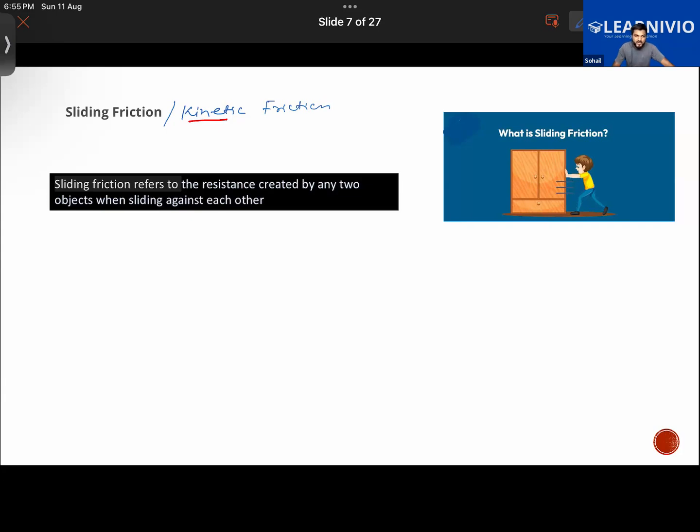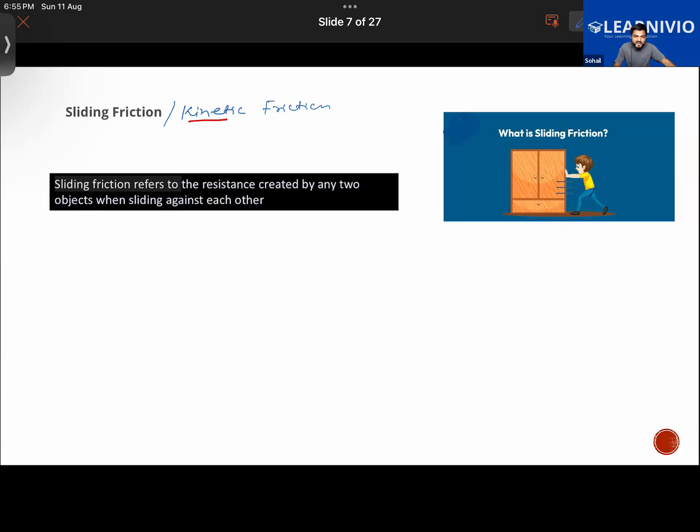Basically, sliding frictional force is the force that we require to slide one object over another object. Getting it? I hope you guys are getting it.